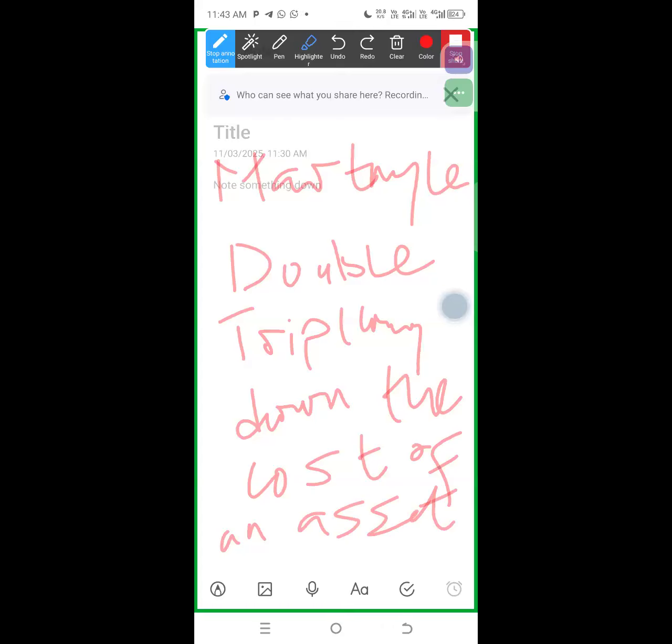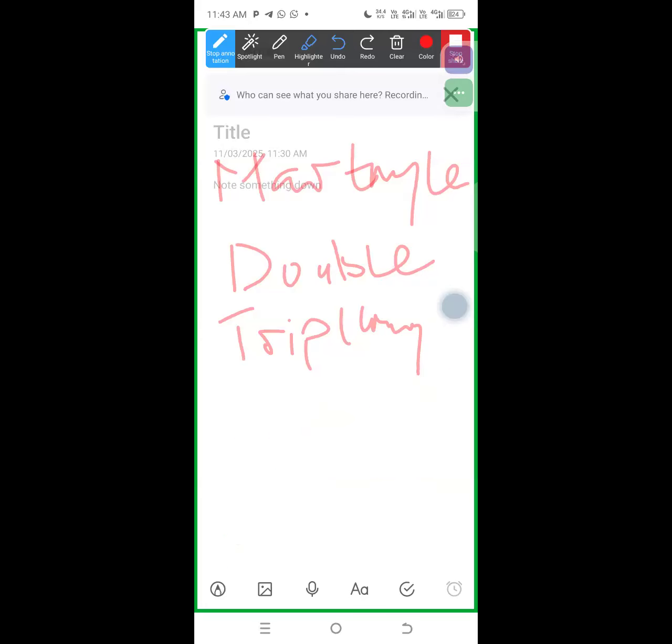The idea of Martingale in dollar cost averaging is about doubling or tripling down the cost of an asset. And we say doubling or tripling down because it is derived from dollar cost averaging.